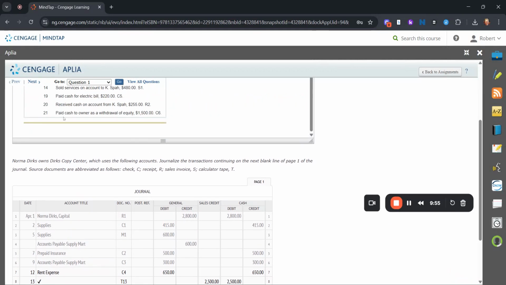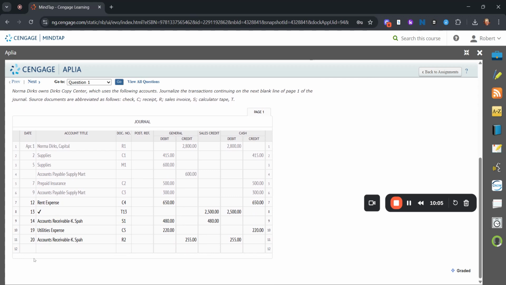Then our last one, paid cash to owner as a withdrawal of equity, $1,500. So Norma took $1,500 out of her business account. So we'll put a 21 there for April 21st. Remember up here on the first, we had Norma Dirks Capital. Now we're going to use Norma Dirks Drawing account.